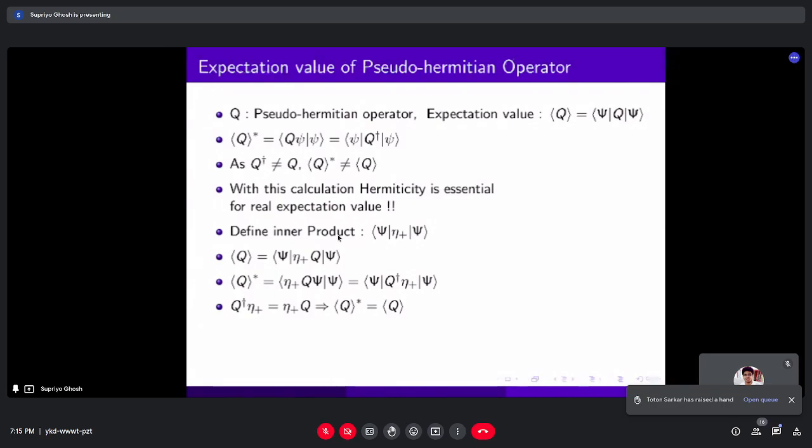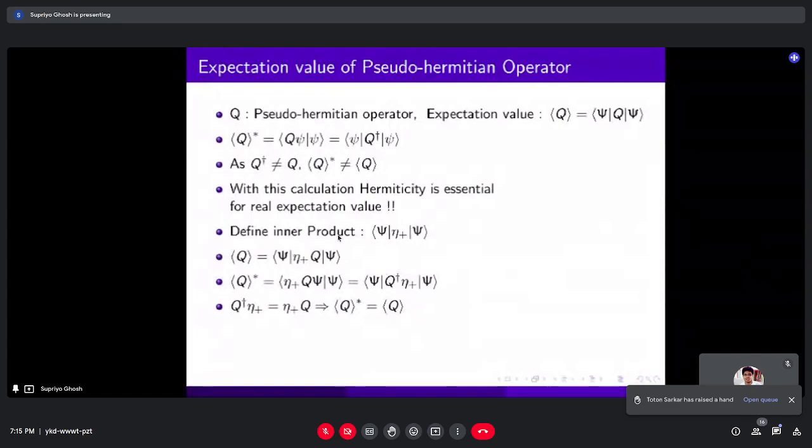And if we take the complex conjugation, then you can see that we get ⟨ψ|Q†η†|ψ⟩. As Q†η is equal to ηQ, the complex conjugation of the expectation value and the expectation value are both equal.